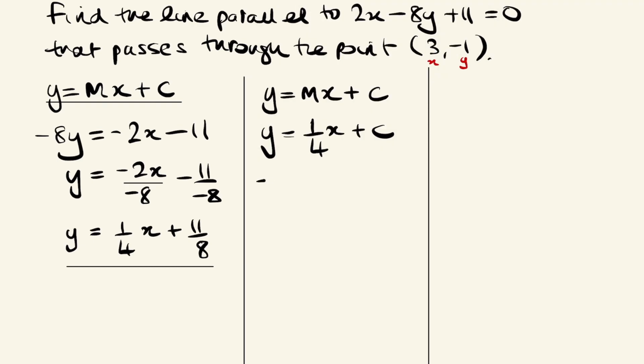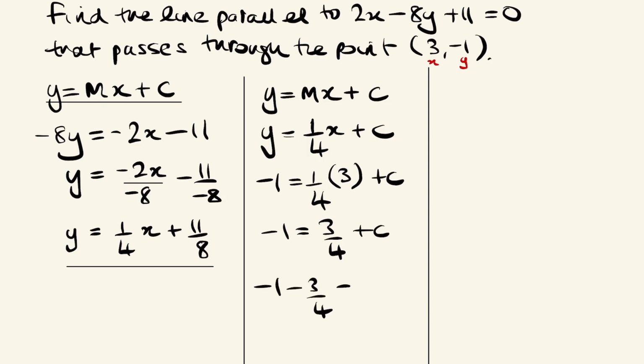We have y equals minus 1 when x equals 3. So we've got minus 1 equals 3 quarters, because I've just multiplied a quarter by 3, plus c. And therefore minus 1 minus 3 quarters equals c. Because if I take away 3 quarters on both sides here, then I'll end up with this.